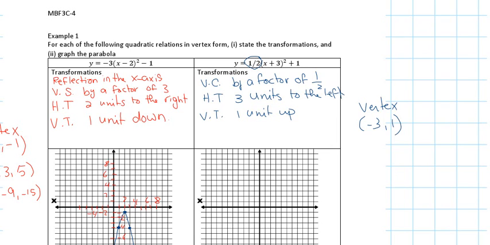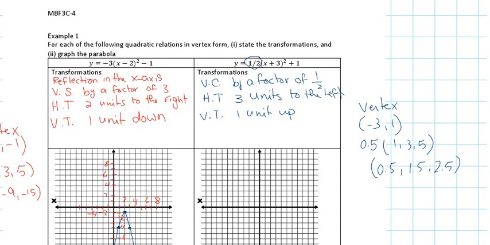Don't forget your A value. It's 0.5 times 135. It's A times. That's what causes the vertical compression. So 0.5 times 1, 0.5 times 3, 0.5 times 5.